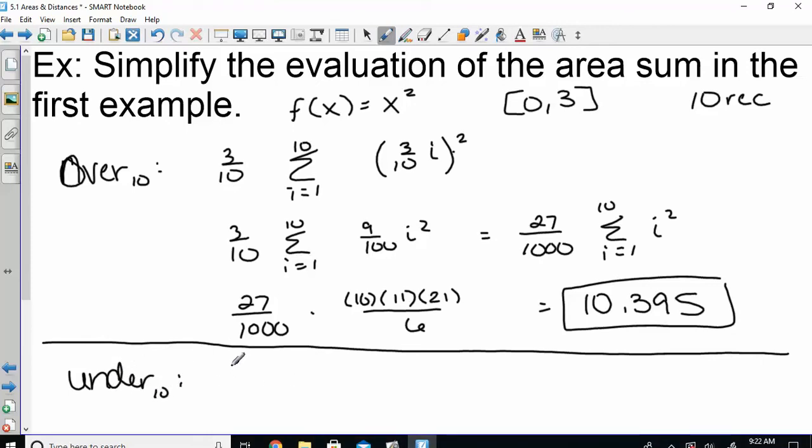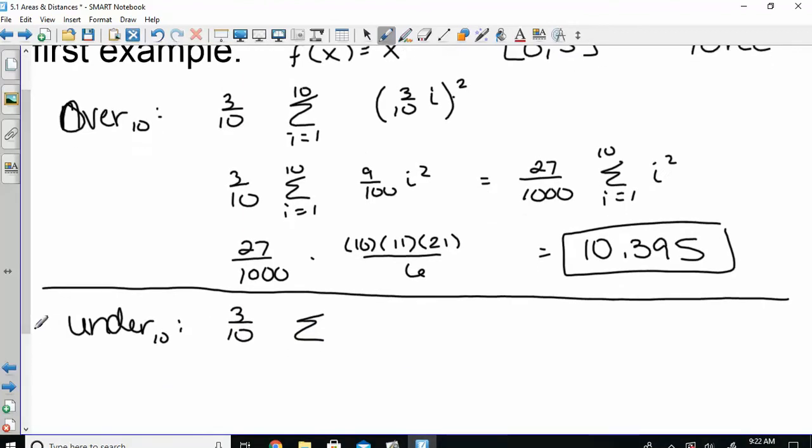This one is a little bit different. Still taking it times 3/10, but when we did our underestimate, what was the first thing we plugged in? 0. Now we could do the same type of thing if we start our i at 0, but in the formulas that I gave you, all of those required our i to start at 1.